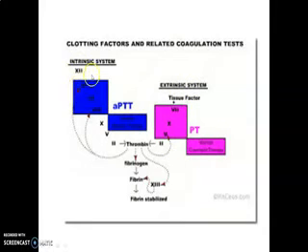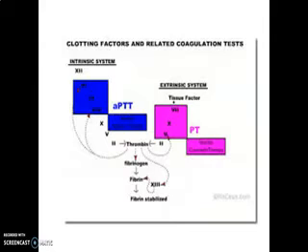And the intrinsic pathway uses the factors which are available within the blood. Because of that, it is called the intrinsic pathway. In that, blood trauma, damaged platelets, or exposure of collagen fibers activate factor 12, and the activated factor 12 activates factor 11.